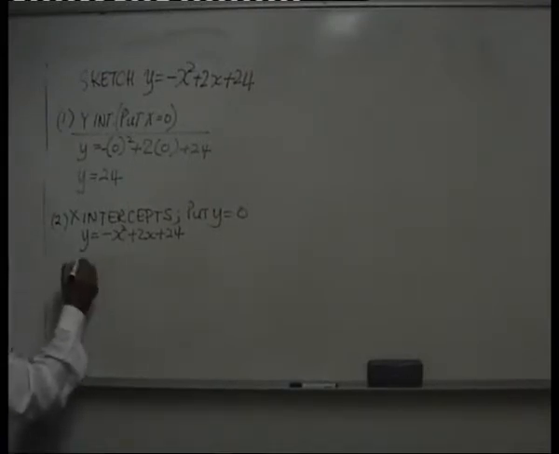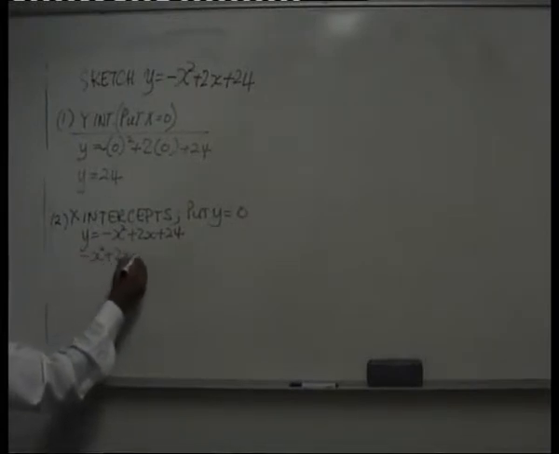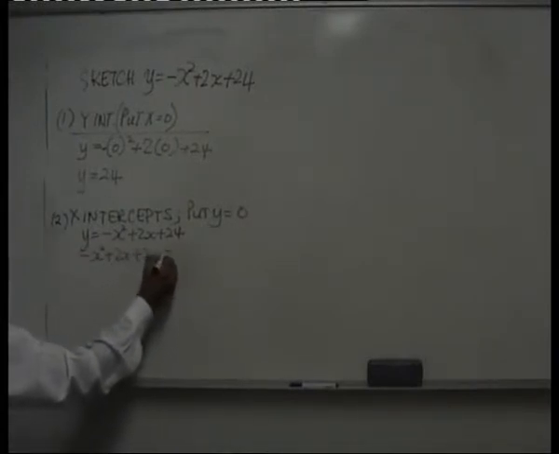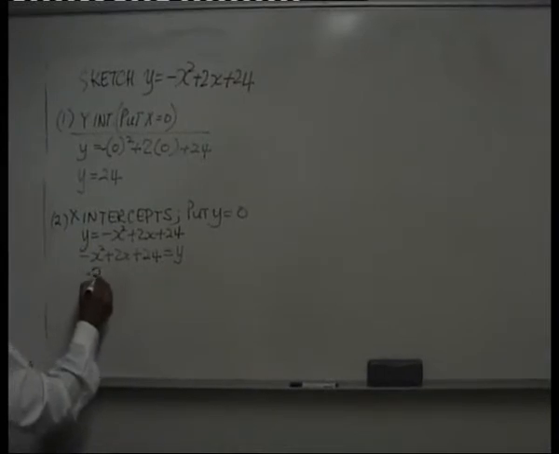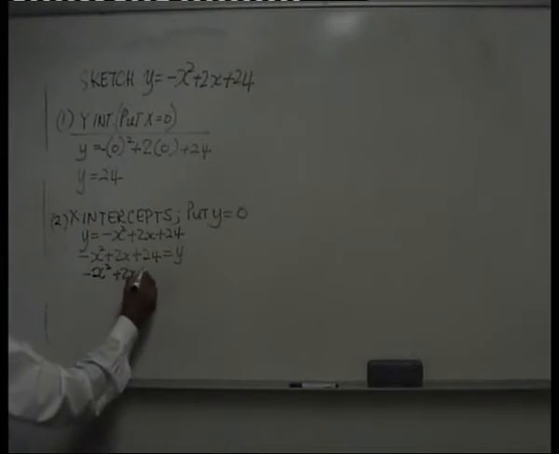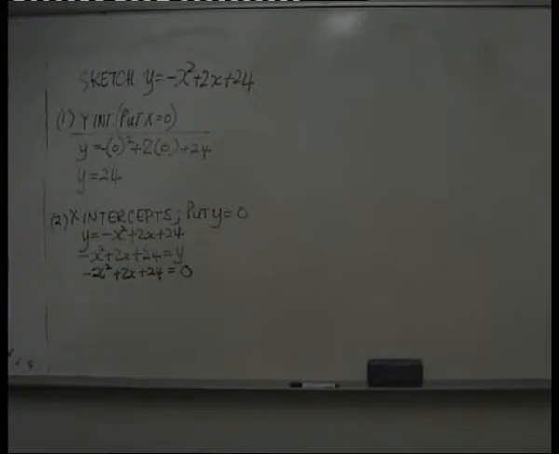You can rewrite it as minus x squared plus 2x plus 24 is equal to y. And then you put y equal to 0. When you put y equal to 0, now you've got a negative x squared here.